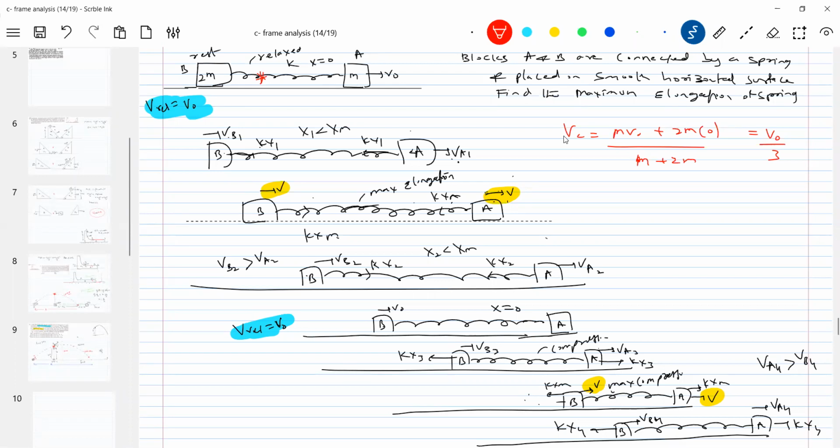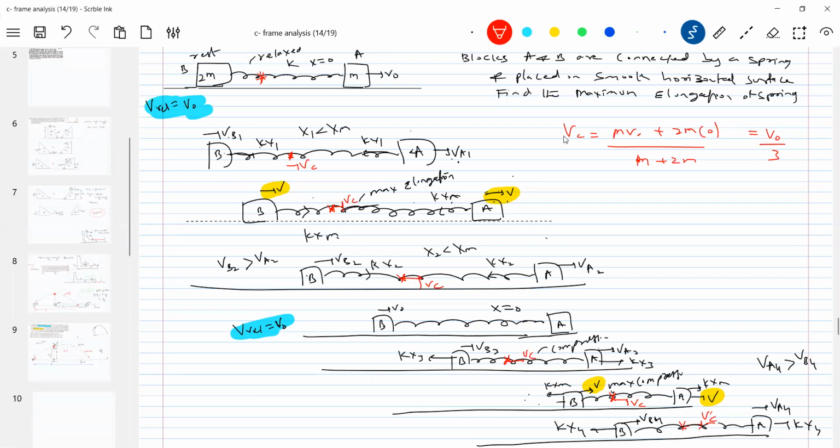In the whole sequence, what happened to the velocity of the center of mass? It should remain the same, no? Everywhere the center of mass will be moving with the same velocity Vc. This is a very important idea.